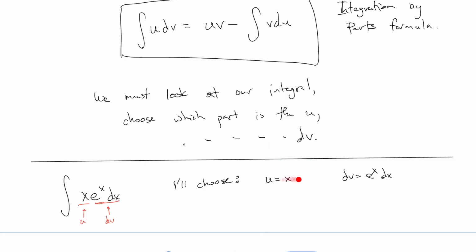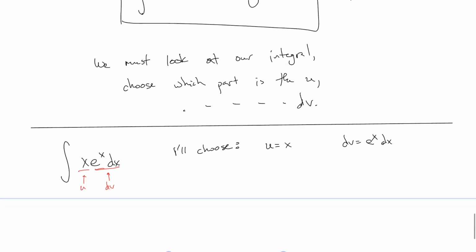We have to just work those out, but this is not hard to do. I choose those, and then we find du. Well, just like in a u substitution, du is the derivative of u. U is x, so du is just 1 dx. This is exactly how we do it in a u substitution. The du is the derivative of u.